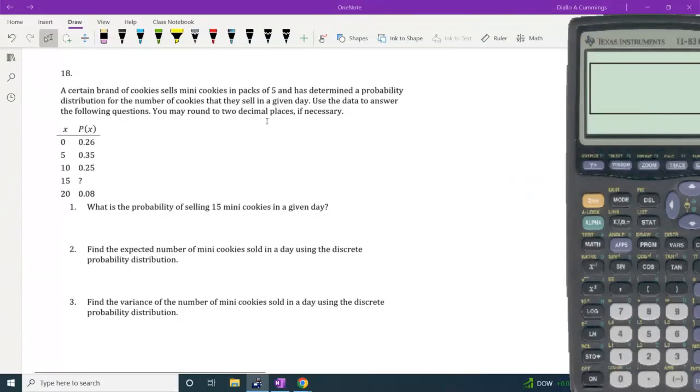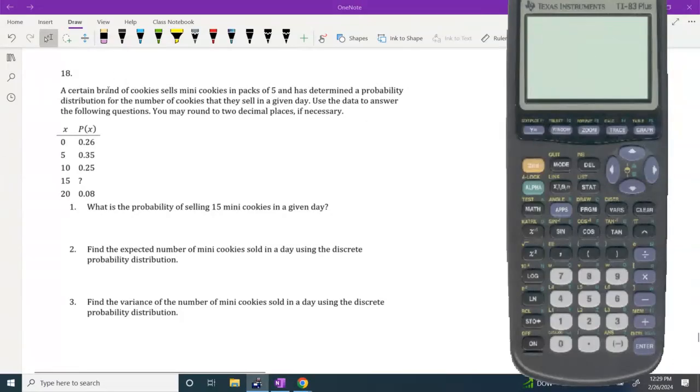You may round to 2 decimal places if necessary. So here again, we have a probability distribution where the first column is the random variable. The second column is the probability, but one of the probabilities is missing. It says, what is the probability of selling 15 mini cookies in a given day?